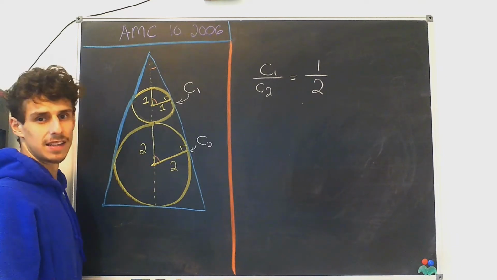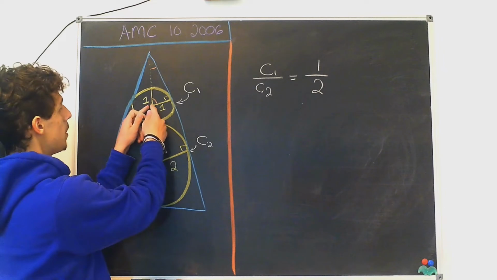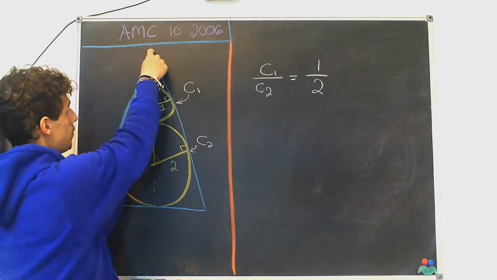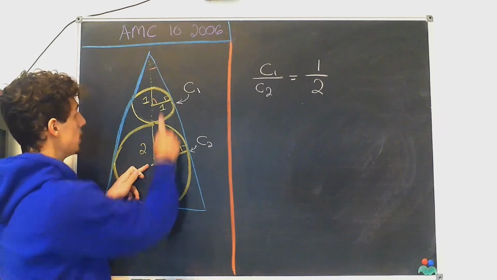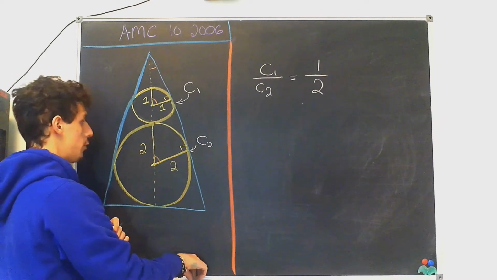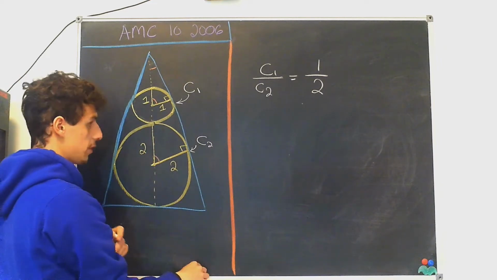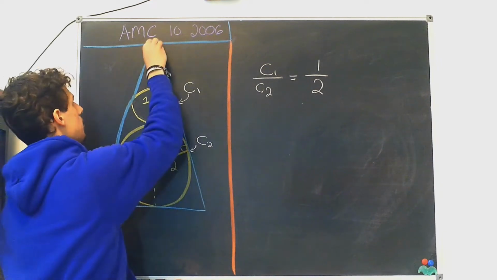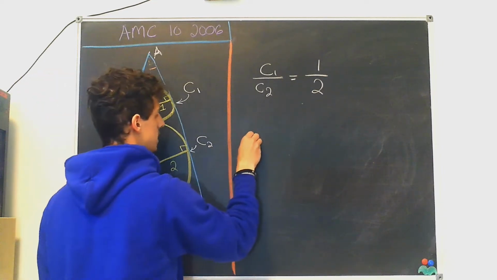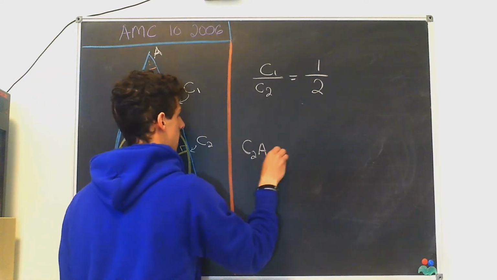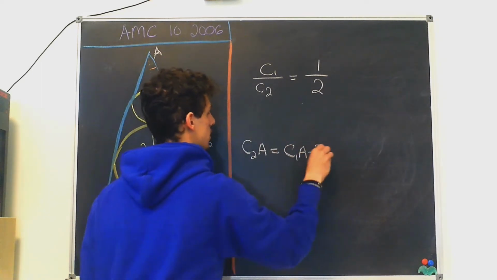You might say that doesn't seem to help us very much, but we can see that the distance from the middle of this circle to the point of the triangle is 3 less than the distance from the middle of the other circle to the point of the triangle, because we have one radius of 1 and then a radius of 2. I'm also going to label the tip of the triangle point A. So the distance from C2 to A is equal to the distance from C1 to A plus 3.